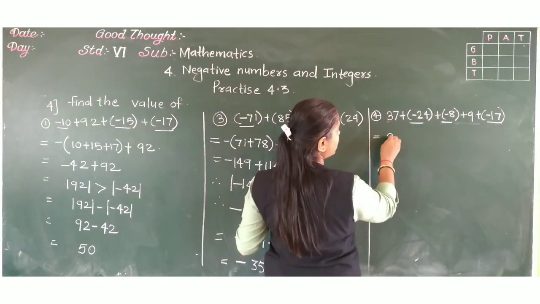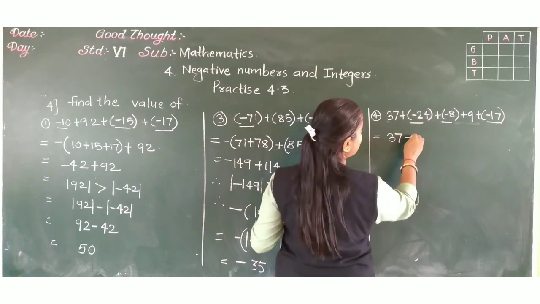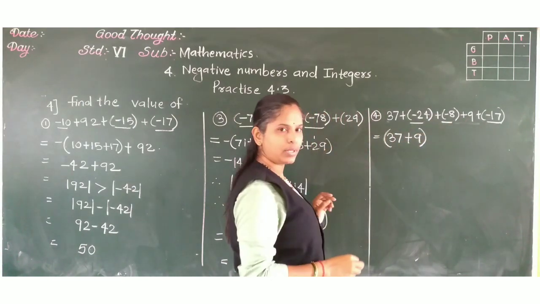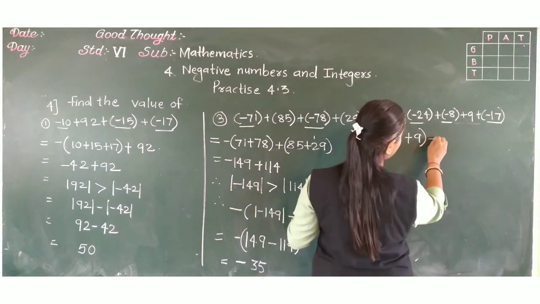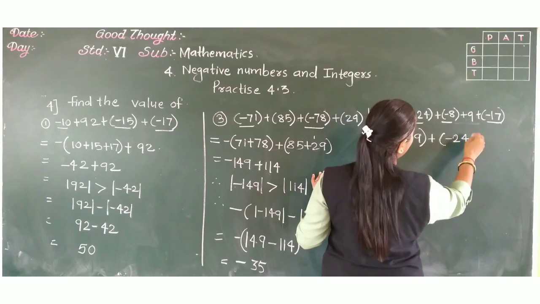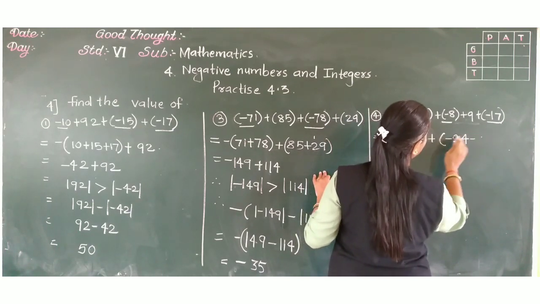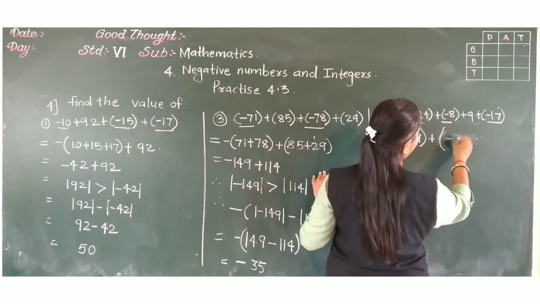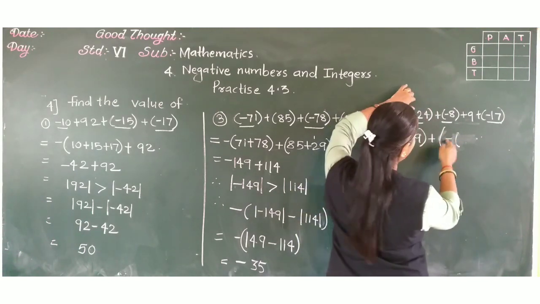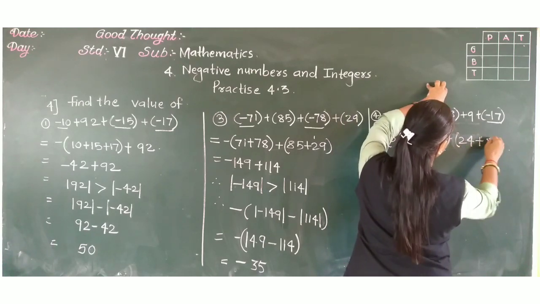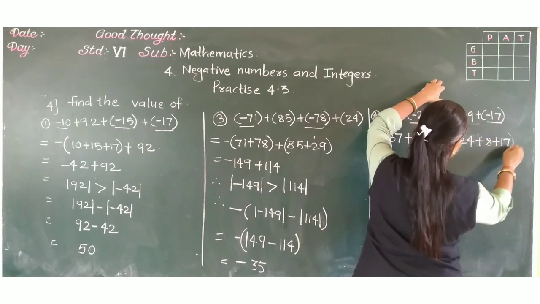Next, here see minus 24, minus 8 and minus 17 have the same sign. So this 37 plus 9 together, and minus 24. The minus sign we want outside, no? So here the minus sign will be outside, and 24 plus 8 plus 17.